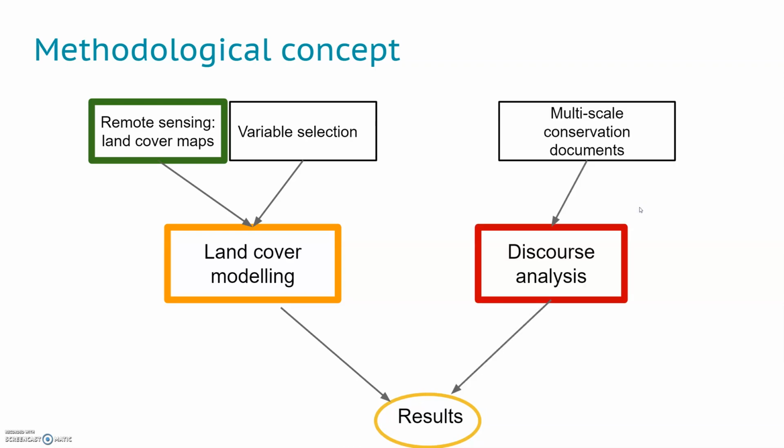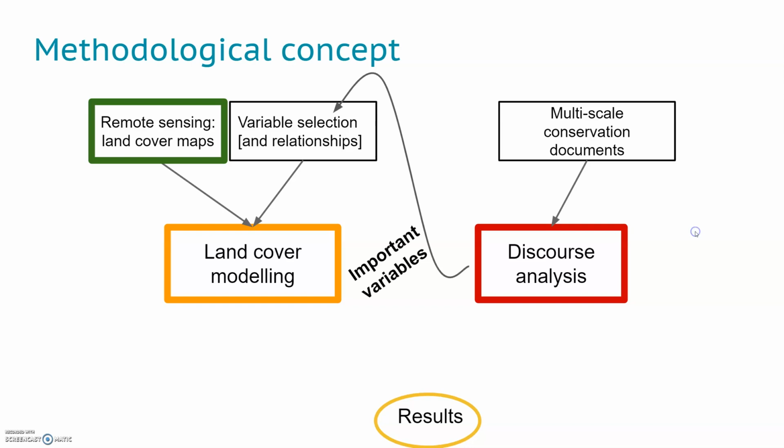Another model of looking at this would be to do that quantitative study and then in parallel have a more qualitative analysis drawing on a method such as discourse analysis to look at what's going on. So what we've decided to do is take both of these methods and then have them in conversation. So we have discourse analysis helping us with variable selection that feeds into land cover modeling.